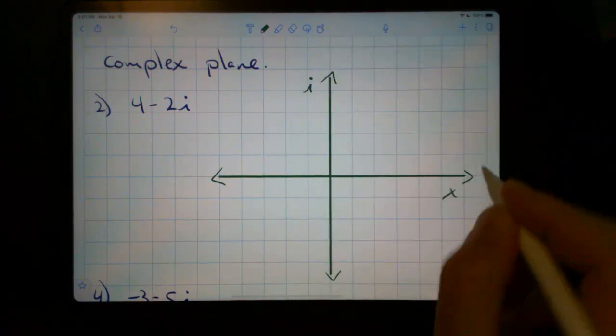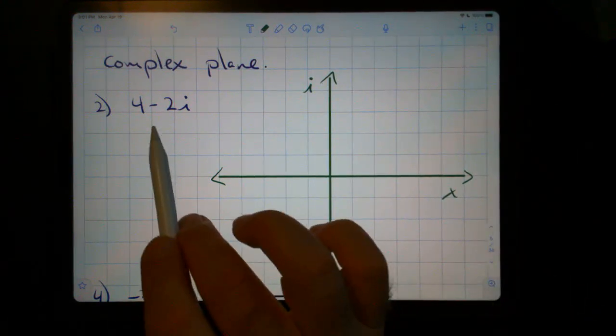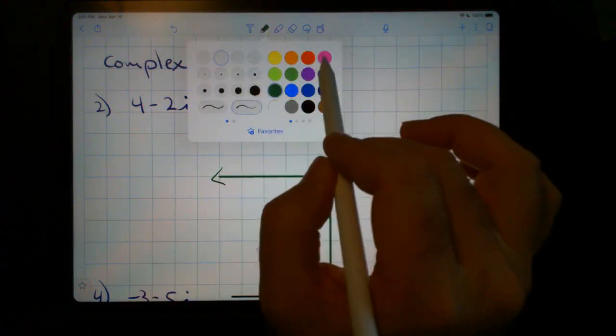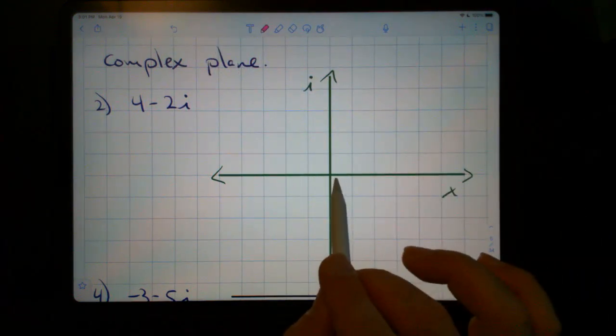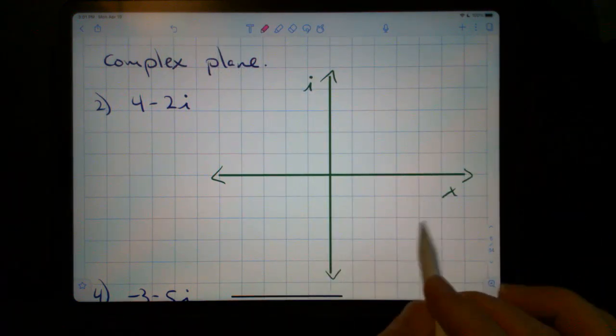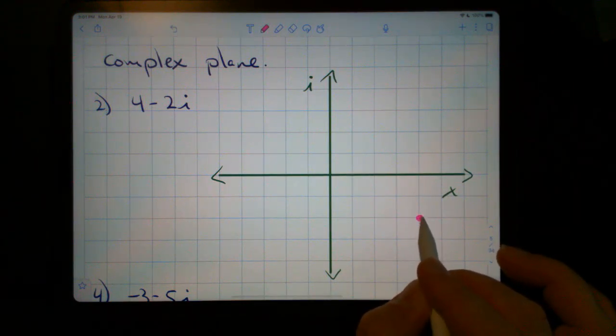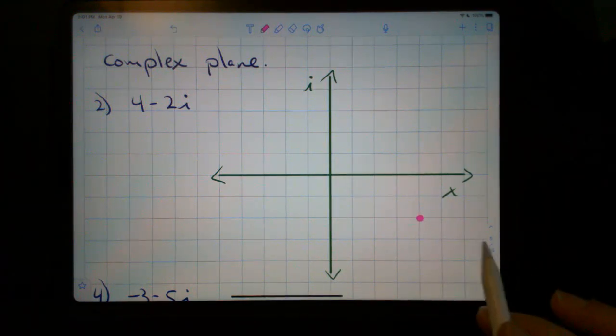So this is the i and this is the x. So the point 4 minus 2i is going to be 4 units in the horizontal direction, x, and then 2 units down. So that is the point 4 minus 2i.